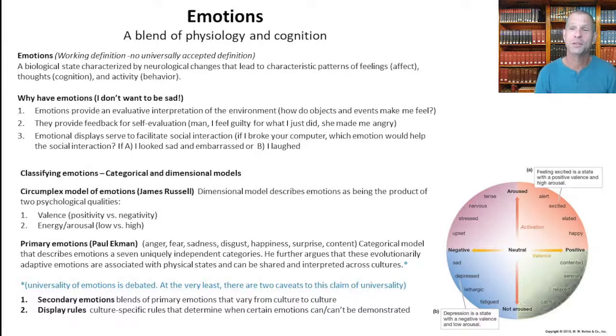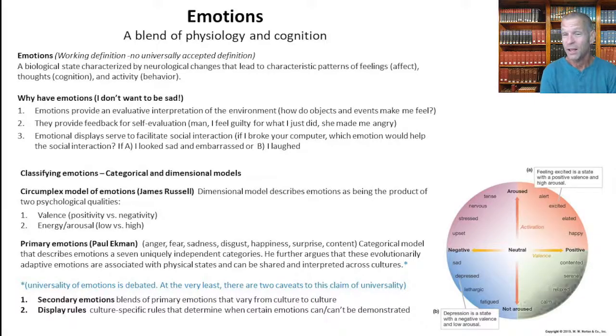They allow you to decide which things in your environment are threats, which are life sustaining and interesting to you, and which are neutral to you. They allow you to tag objects, and combined with your memory, you can develop a pattern of behavior that allows you to avoid threats and things you don't like, and go towards things you do like. So your emotions provide you sort of an evaluative roadmap, if you will.